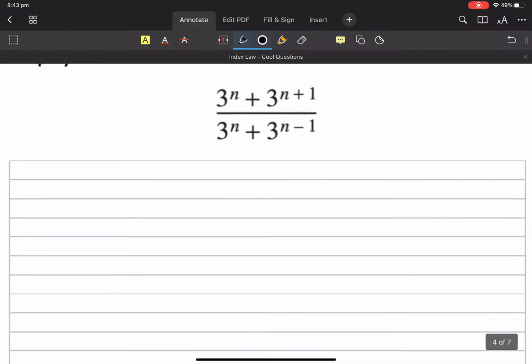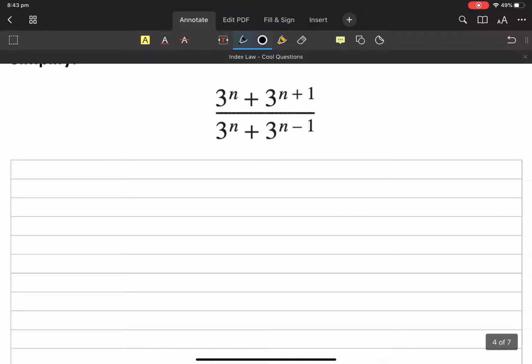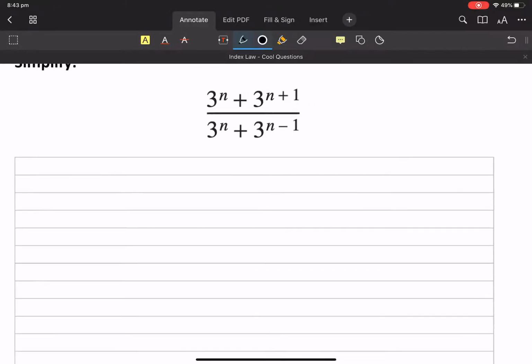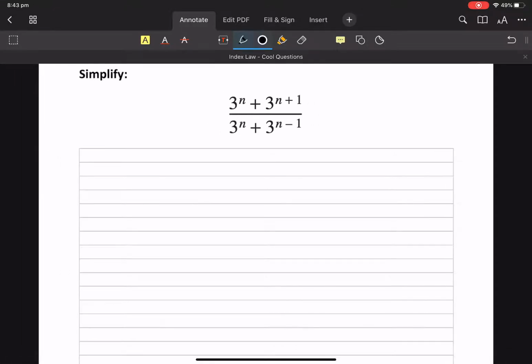Similar. Press pause and see if you can do that one. Just like the other one, I'm going to make that 3 to the n plus 3 times 3 to the n. This one will be 3 to the n plus, minus 1. What's that?